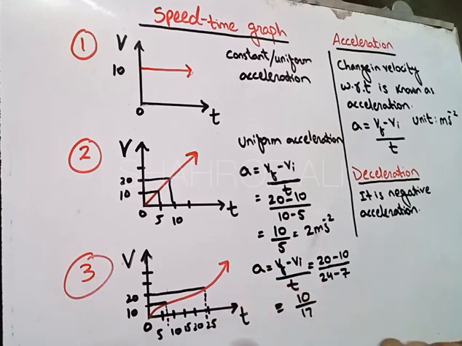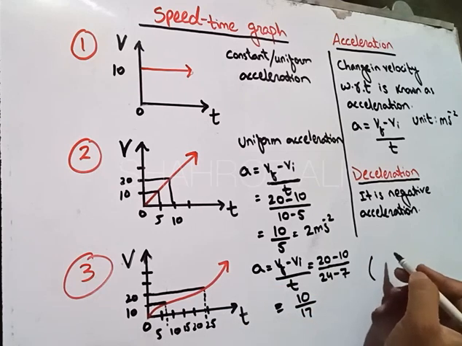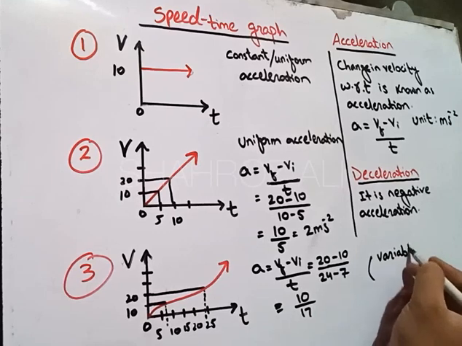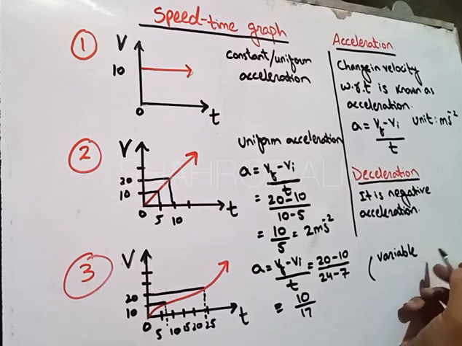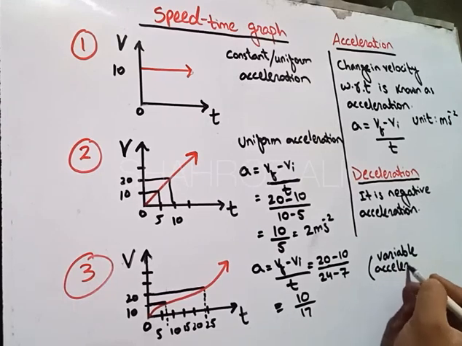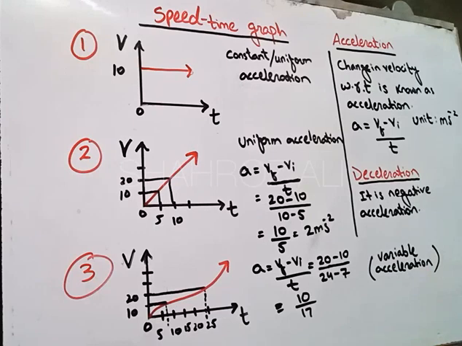So simply you will write here, variable acceleration, because acceleration is changing at any point due to change in its velocity.